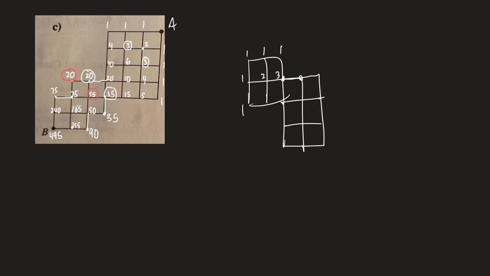If I'm going this way, there's not another route, so this is still a 3, this is still a 3. And then if I keep going here, this would be a 3, this would be a 6. So to get to here, it's 6. If I go straight down, I can't go right or left any, so this is still a 6. And this one down here would still be a 6. And then you just keep going with the pattern. Okay.